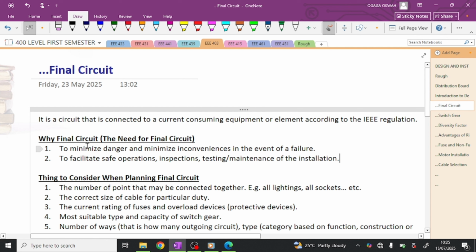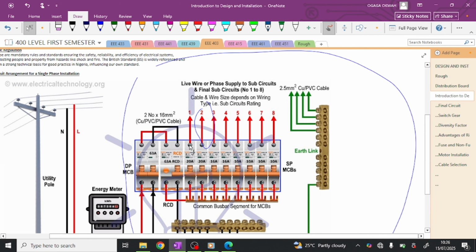Another need is to facilitate safe operation, inspection, testing, and maintenance of the installation. Back to this diagram. Let's say you detected a fault with the cooker line and you want to fix it. While you fix that fault, you turn this part off, meaning there is no power coming from this line into your kitchen, or wherever you have your cooker.